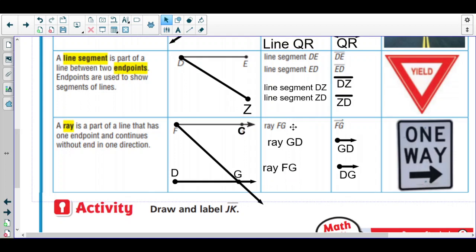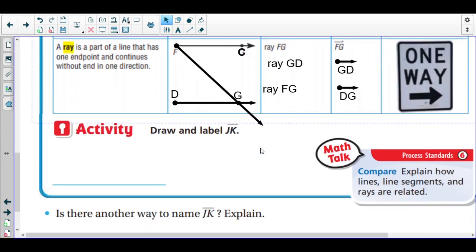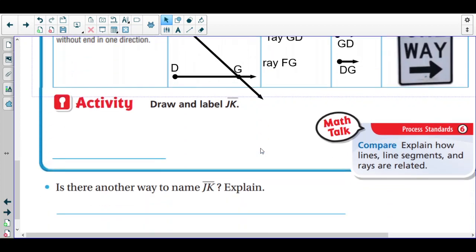All right, let's move on to this activity down here. Draw and label line segment JK. Well, a line segment has a definite starting point and ending point.